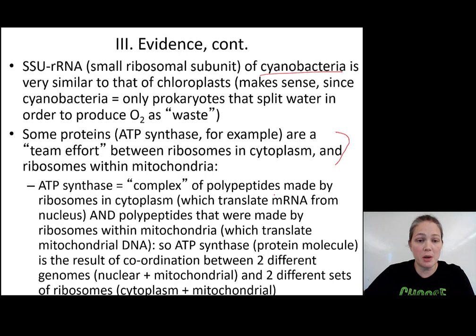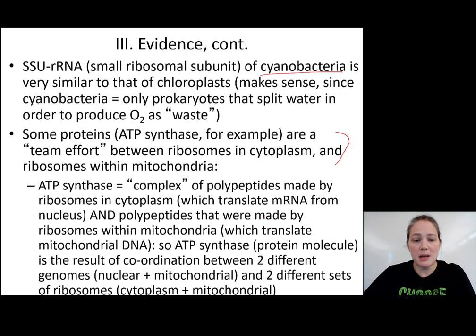This is really cool. Some proteins, like ATP synthase, are a team effort between ribosomes in the cytoplasm and ribosomes in the mitochondria. Because ATP synthase is a complex of polypeptides, it's not just one protein, it's many proteins, many polypeptides. Some of those polypeptide strands are made in the cytoplasm of a eukaryotic cell, and some are made in the mitochondria.